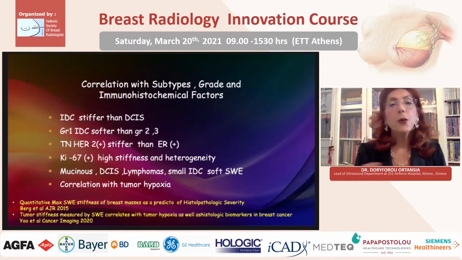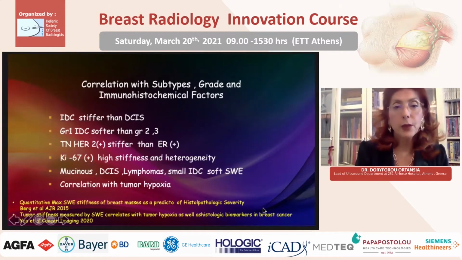So if there is a way that we can assess hypoxic tumors with shear wave, then we have a good prognostic factor. And yes, we can correlate it with hypoxic tumors.